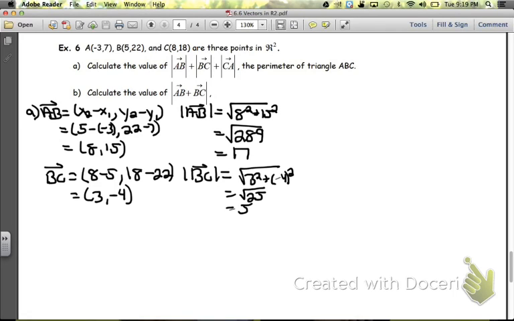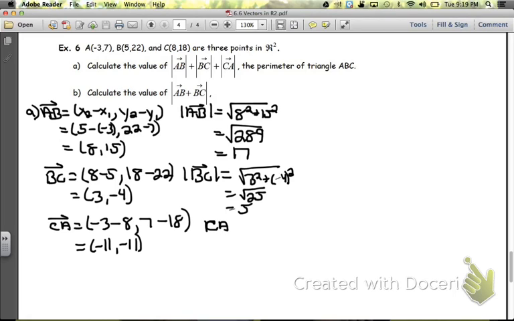Now, last one here, we need to do CA. So CA, take your x value from A, so negative 3, minus the x value from C, 8, and then 7 minus 18. So we get (-11, -11).